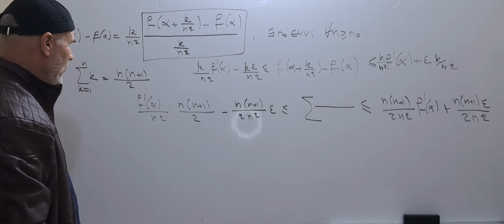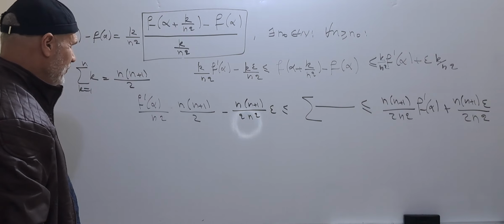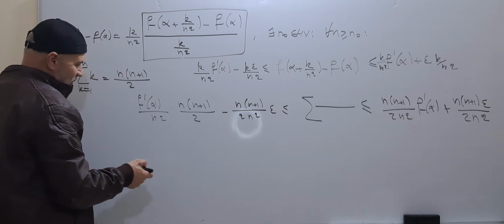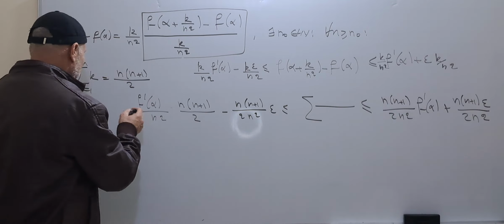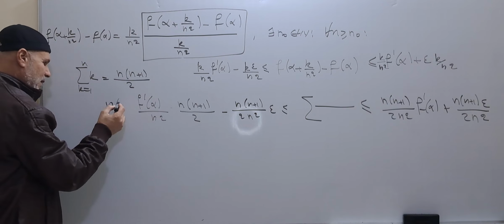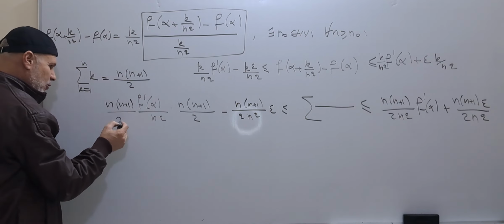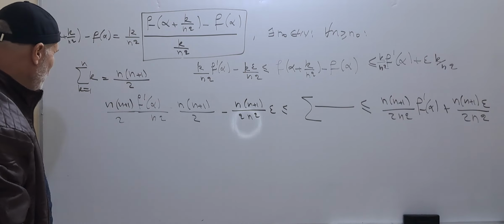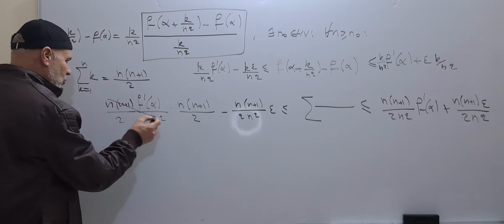This is the formula. When n goes to plus infinity, here we have the sum for sure, so we have n plus 1 over 2n squared. When n goes to plus infinity, this goes to 1.